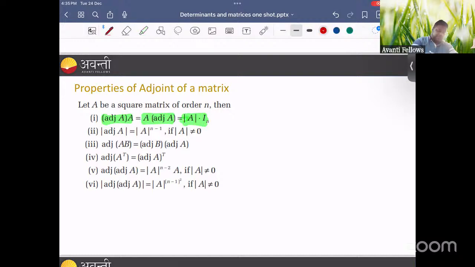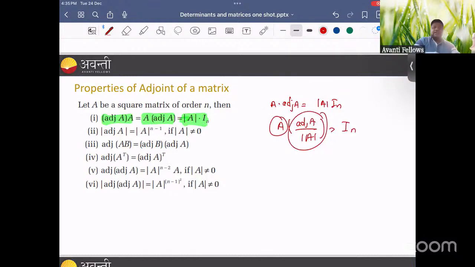So see, from there only you can judge: if A into adjoint of A is determinant of A into In, so can I write A into (adjoint of A upon determinant of A) as In? That means product of these two matrices is an identity matrix. That means they are inverse of each other.